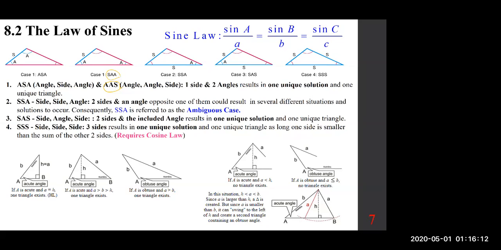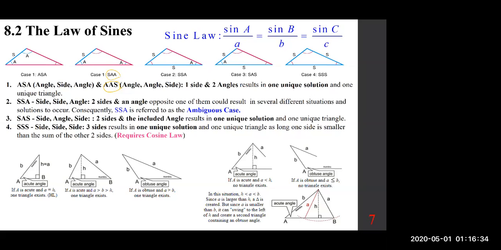Side SSA, case number two, SSA, side angle, okay? So basically you have two sides and an angle opposite one of them, and it could result in many different situations, okay?